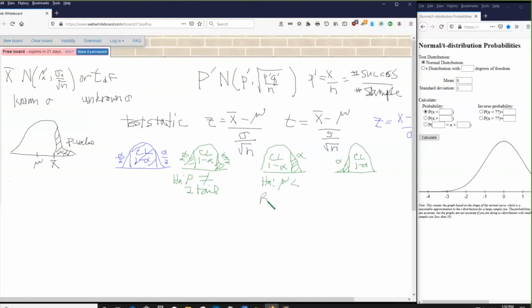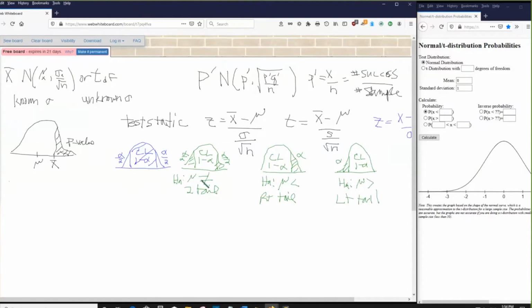This would be a right-tailed test. Then if your alternative has your mean being greater than some number, this is going to be a left-tailed test. And I'm going to go ahead and change the P to a mean just to keep all of this notation the same.